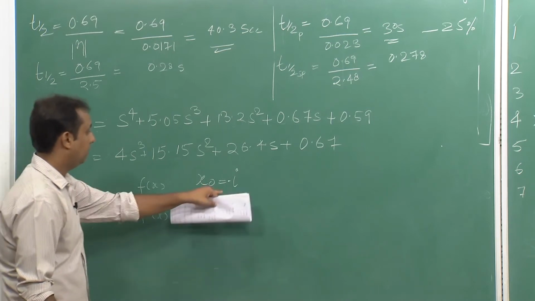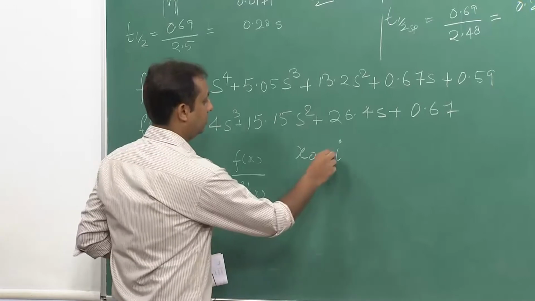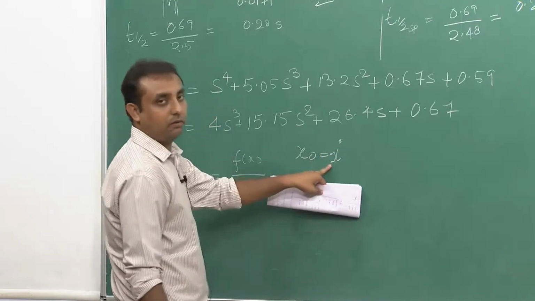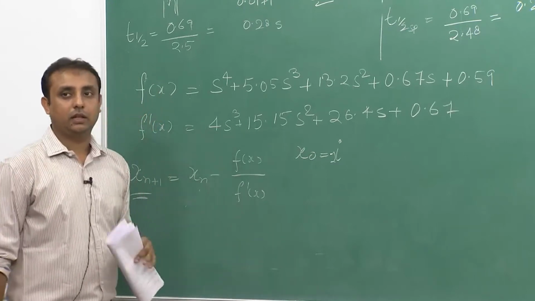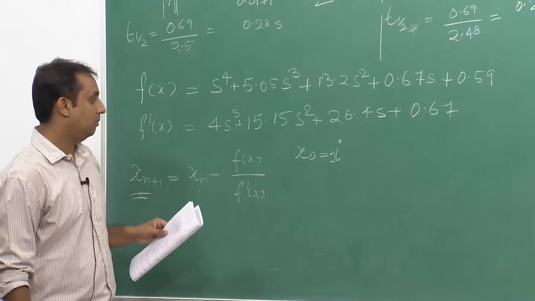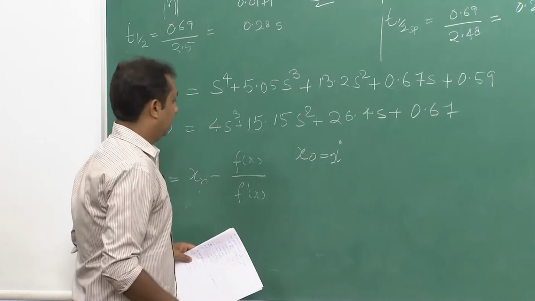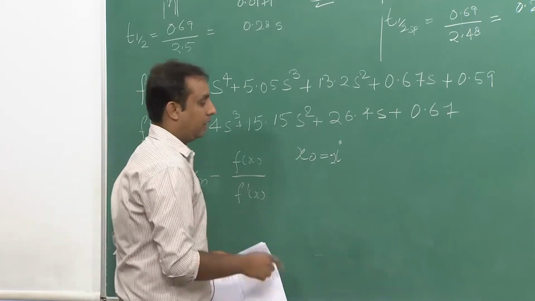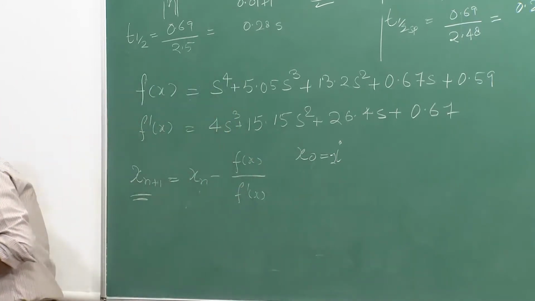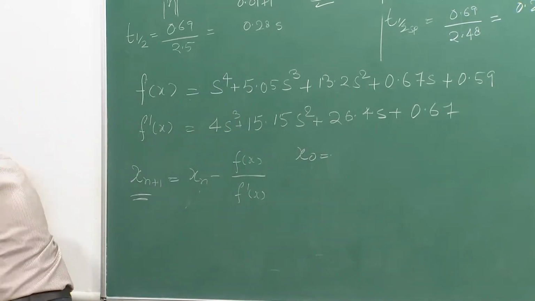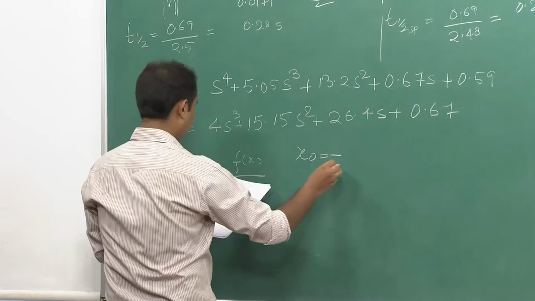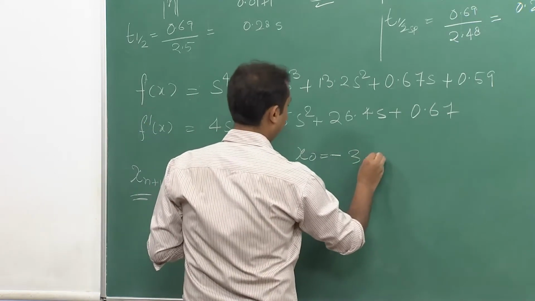So, if I give minus i or minus 2i, it will continue to converge to that particular point, so you won't be able to get the second root. To get my second root, let's take the value of x naught as minus 3 plus 3i.